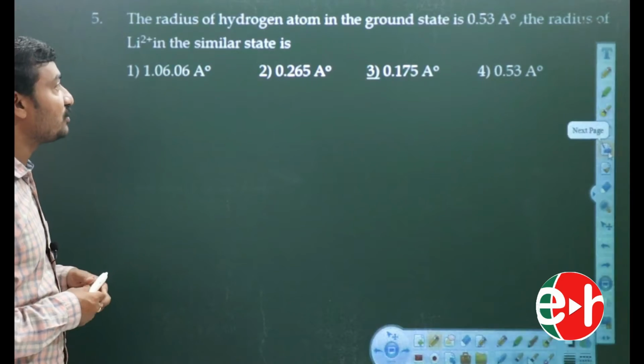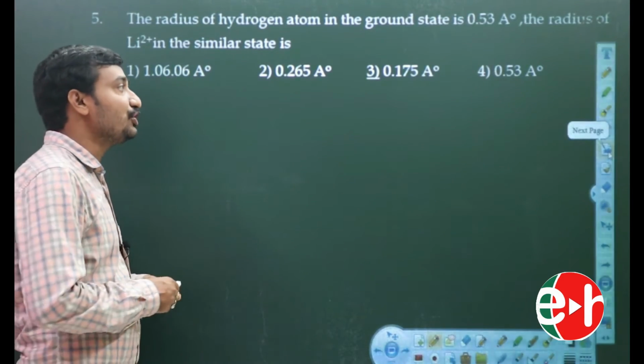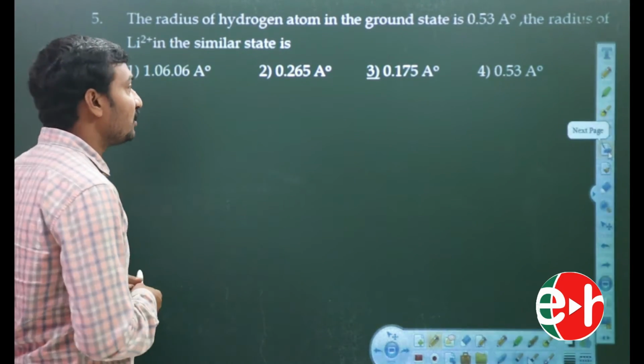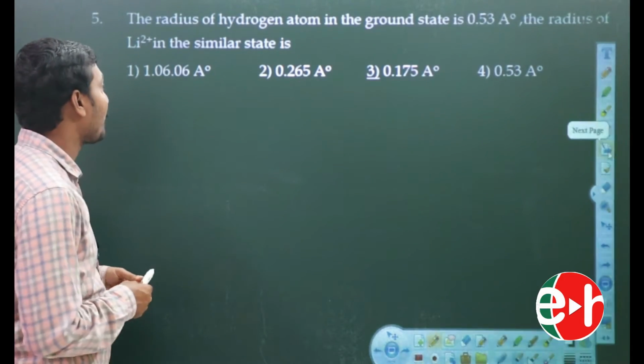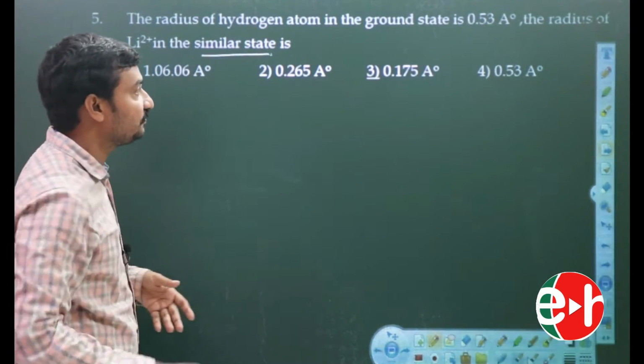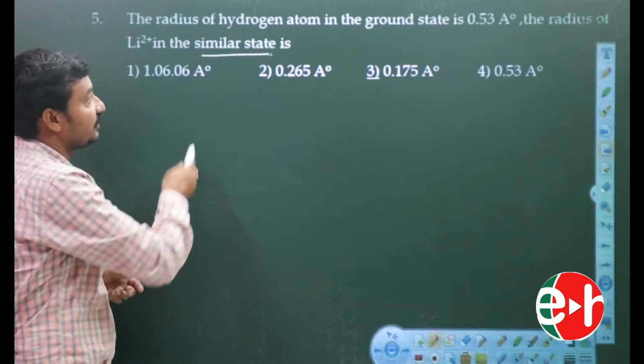The radius of hydrogen atom in the ground state is 0.53 angstrom units. The radius of Li2 plus in a similar state, means the same ground state.